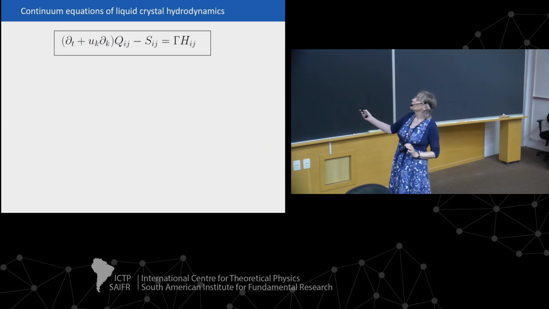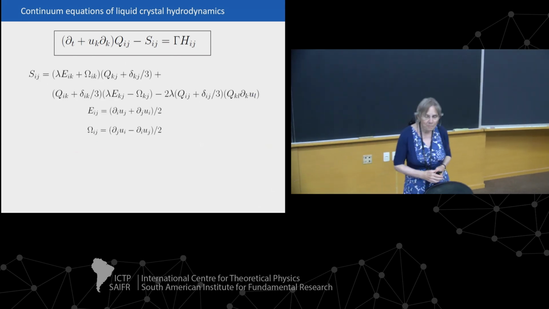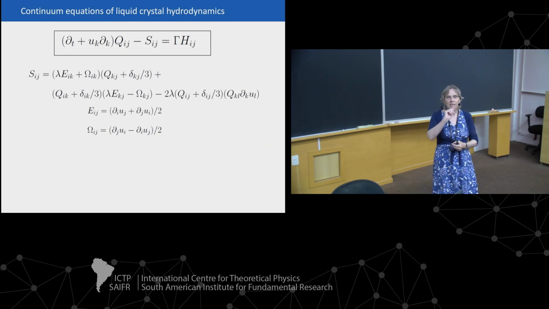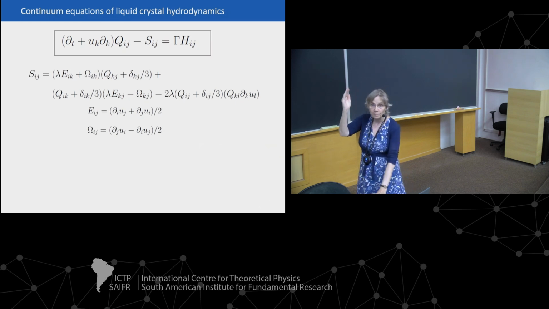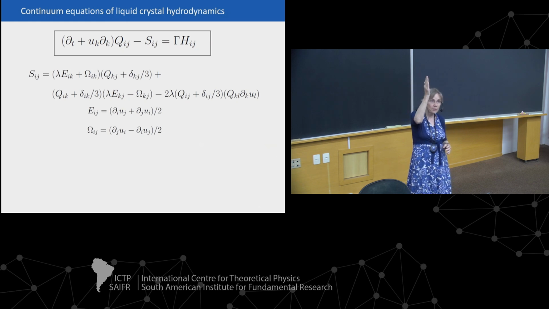Then you have this extra term here, which I have written out, but I would probably ignore that. It's pretty horrible. But the physics of it is that we have a molecule like that. It's long and thin. So immediately, if there's a shear flow, it's going to have a different flow field at the top and the bottom. And so it's going to turn in any sort of shear flow.